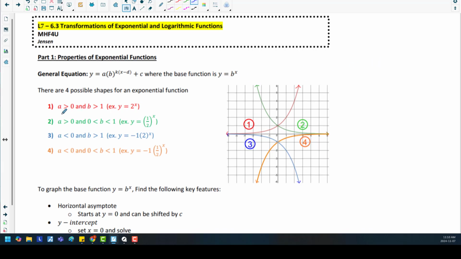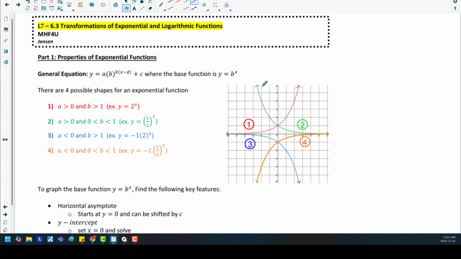And here are some examples. If a is greater than 0 and b is greater than 1, an example of that is y equals 2 to the power of x, we have a general exponential function that looks like this. It's a growing function, goes up in red. And if a is greater than 0, but b is a fraction between 0 and 1, an example would be y equals 1/2 to the power of x.